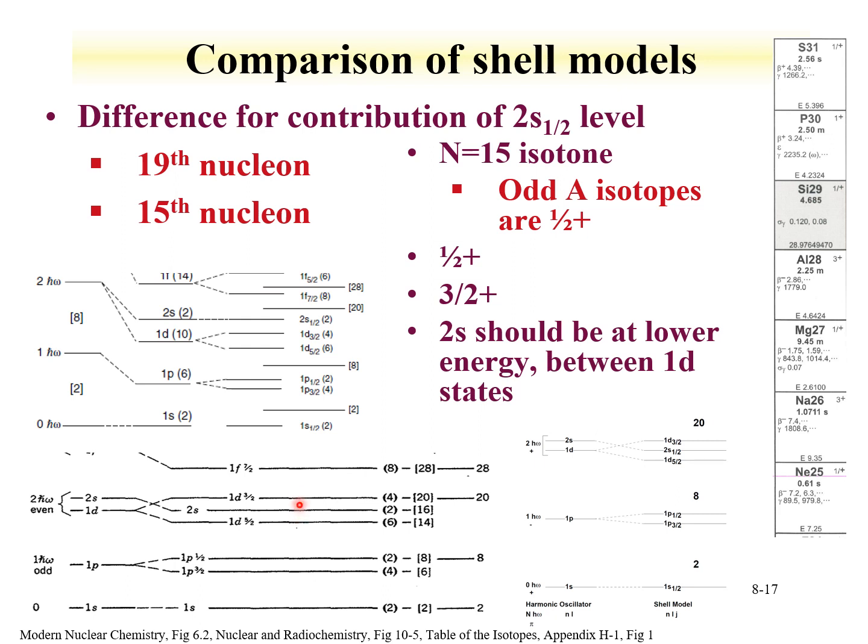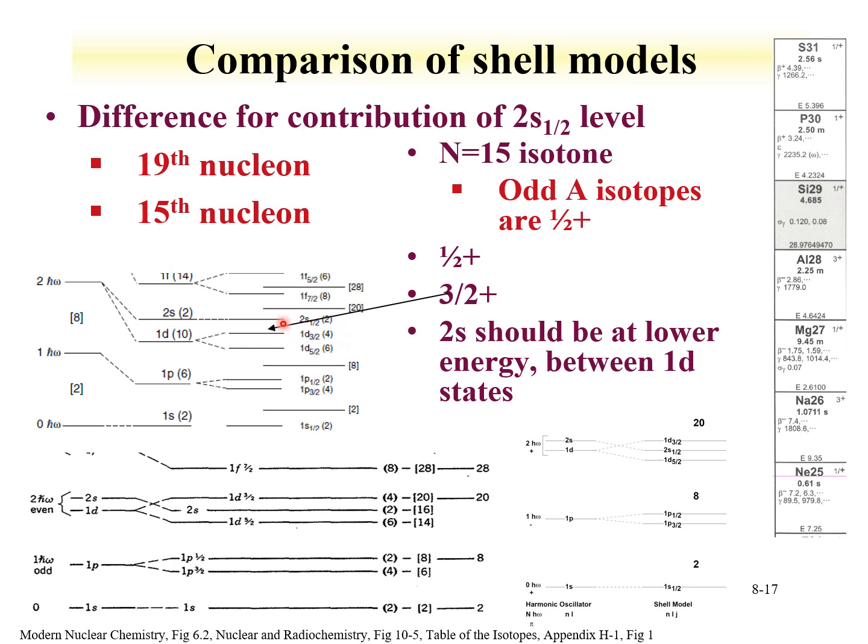For example, let's look at an isotone of N equal 15, and we see that those states with odd A, where the nucleon that is unpaired is the 15th neutron, all these nuclei have a spin of 1/2 with positive parity. So let's see which model predicts this state. Using this top one here from modern nuclear chemistry, the 15th unpaired nucleon would be in the d 3/2 state.